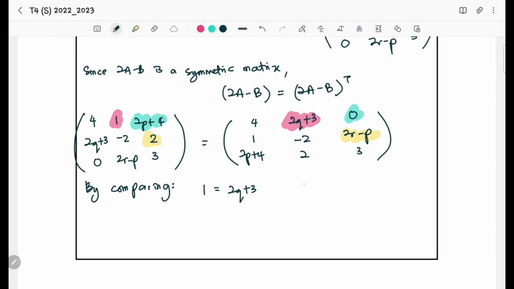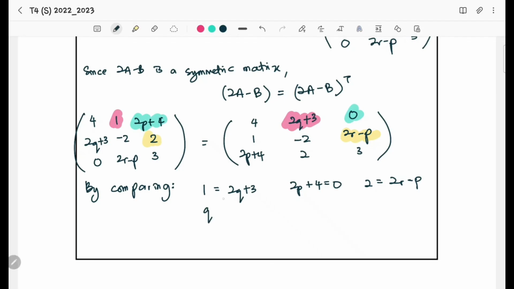And then the green one, 2P plus 4 is equal to 0, and the last one, 2 is equal to 2R minus P. So we have 3 equations and 3 unknowns, so we can solve all the equations to get the value of the unknowns.